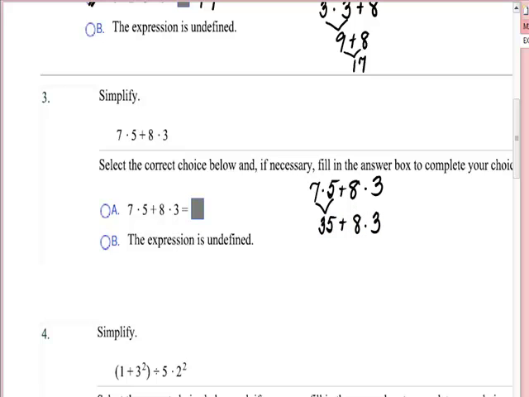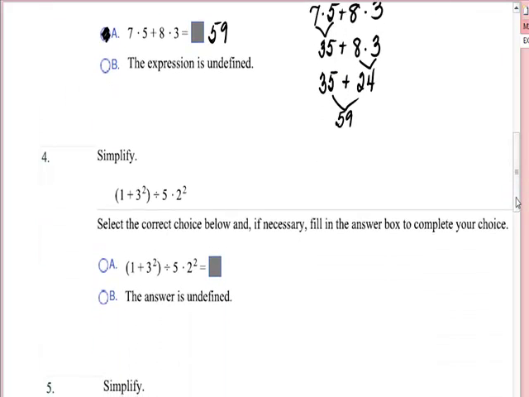Some people can skip steps, but I'm not going to in the notes. Now I do 8 times 3, which is 24. It's nice to have your calculator handy if you need it. Finally, I'm going to add 35 and 24 gives me 59. So this is 59. You would only be choosing undefined if you divide by 0.